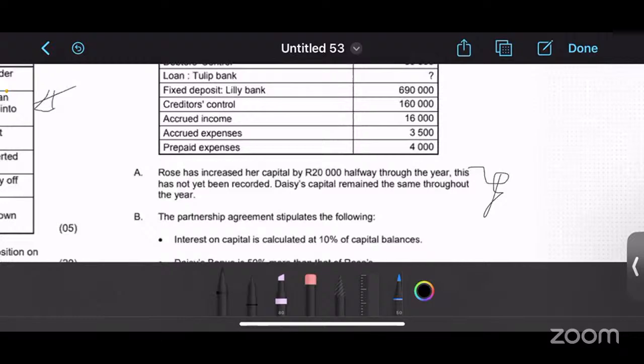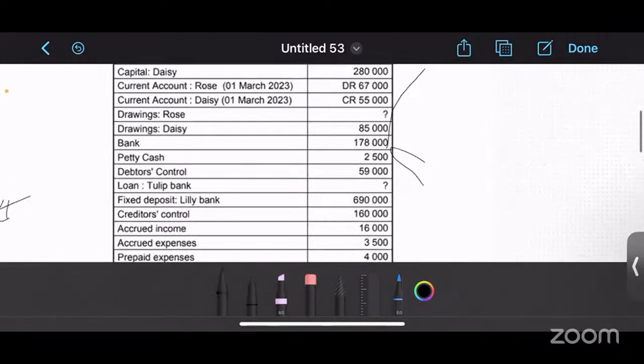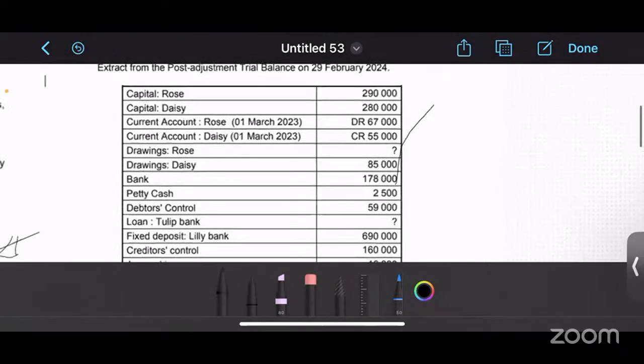When we add it to Rosie, what happens? After we add that amount, we're gonna add the capital for Rose and Daisy, and then we multiply by 10%.